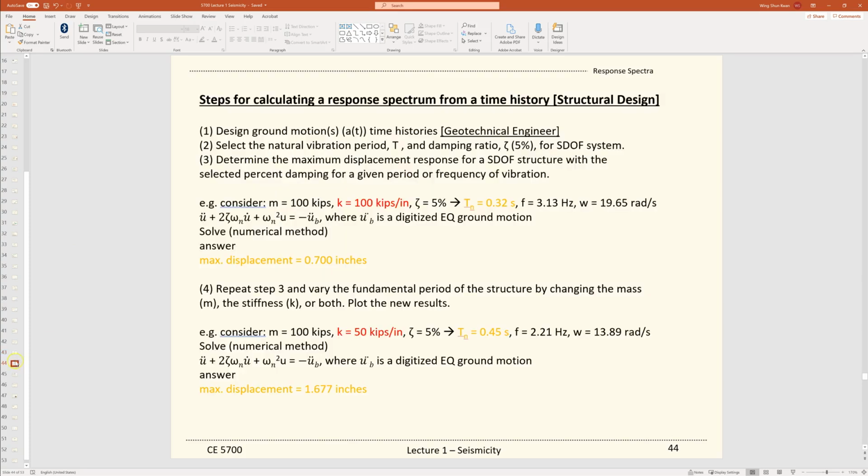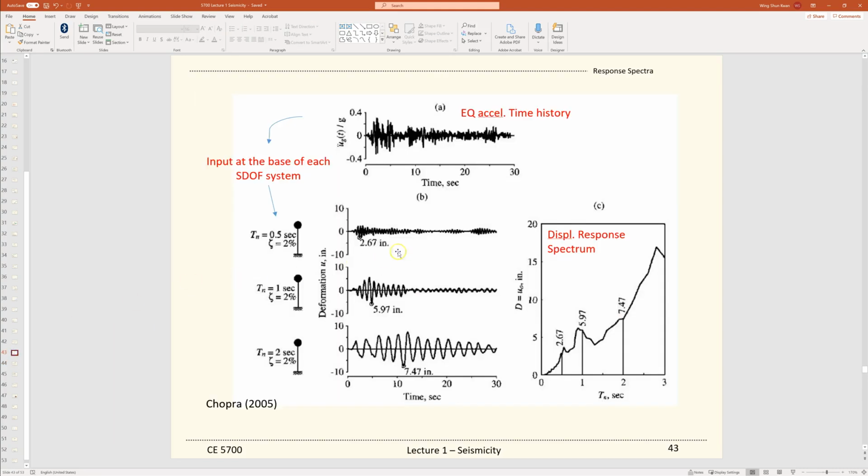And numerically, if we want to solve for the response spectrum, then first there will be our geotechnical engineer's responsibility. We have a design ground motions. So again, for the displacement response, if we change the earthquake ground motions, we will have a different response.